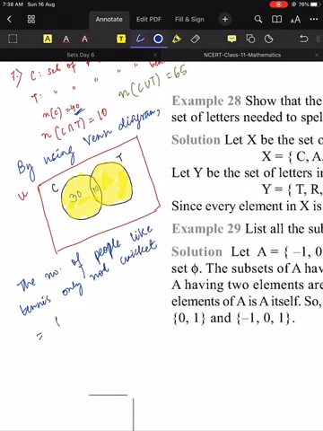Look, total is 65. 65 minus 30 plus 10 is the number of people. It is this region we are talking about, and that is 65 minus 40, which is equal to 25. So this region is 25.